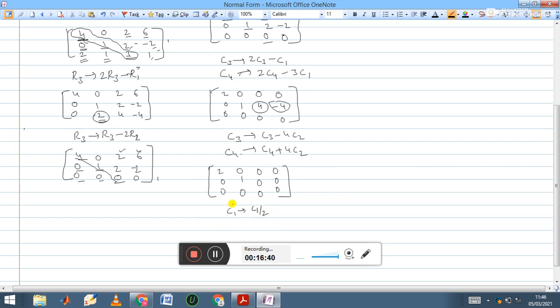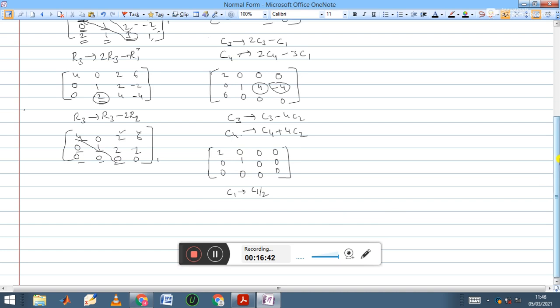Then the resultant matrix becomes: 1 0 0, 0 1 0, 0 0 0, 0 0 0.